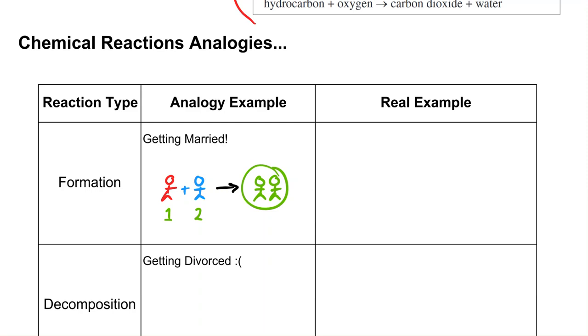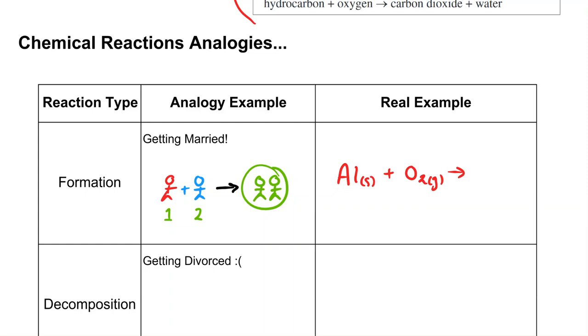Now, a real life example of this is aluminum reacting with oxygen. We take aluminum solid and react it with oxygen from the air, a gas, and we're going to get aluminum oxide.